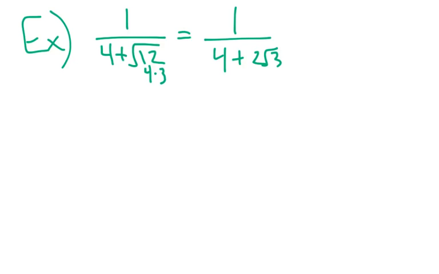Now I will actually use the conjugate, and the conjugate is going to be 4 minus 2 root 3 in the denominator, and then you have to repeat that in the numerator as well. And then it becomes a big multiplication problem.